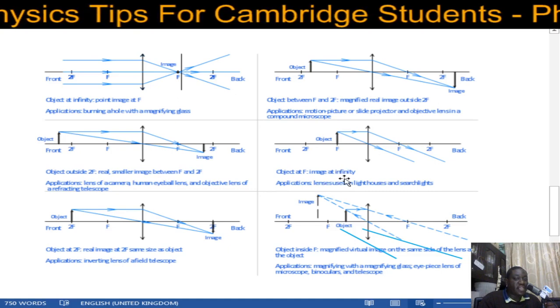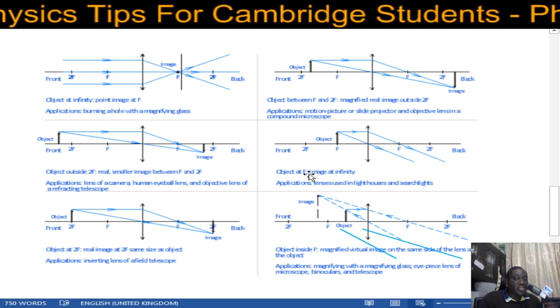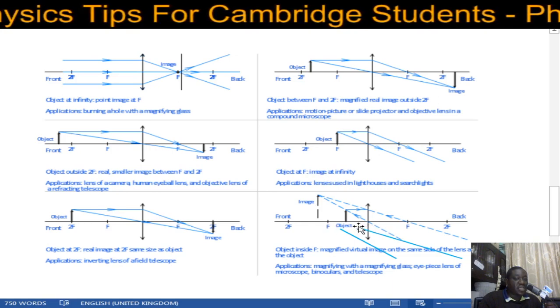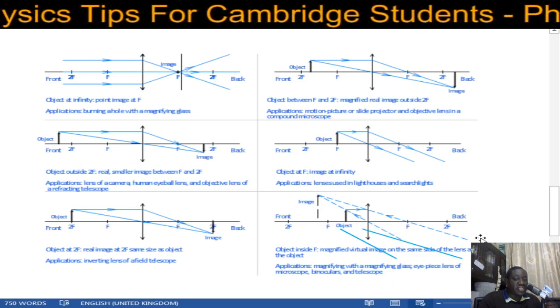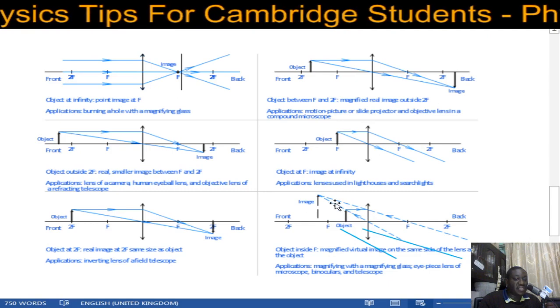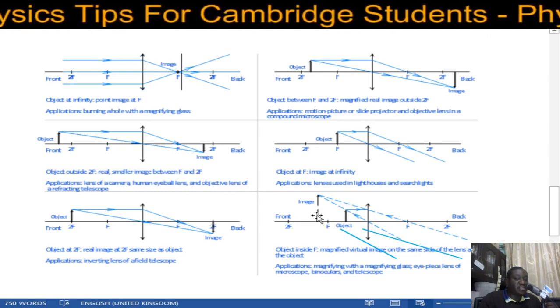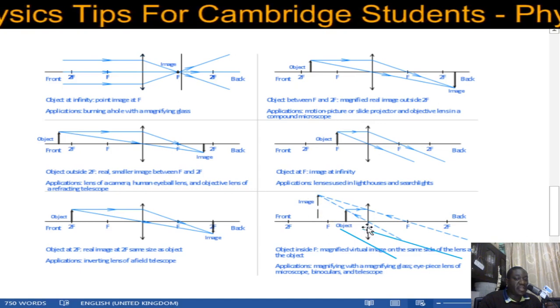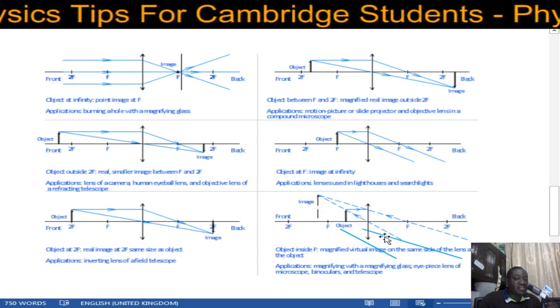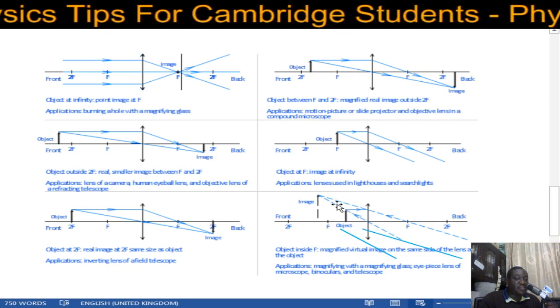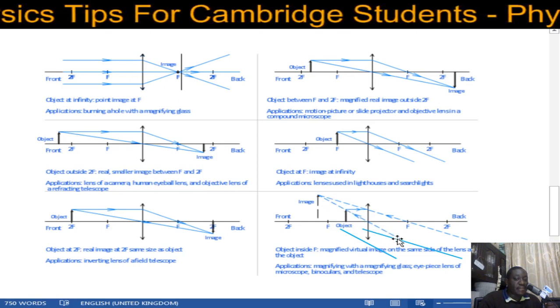Then lastly, we do have the object between F and the lens. Here there's no convergence this side. Convergence will take place behind the object, and when you draw it, you draw it as a broken line. Remember, virtual rays, like in the case of the mirror, I said you draw your lines broken, not solid lines.